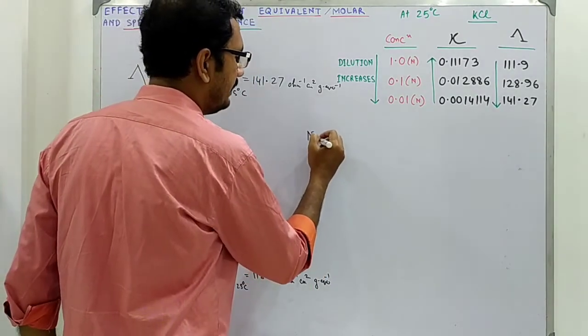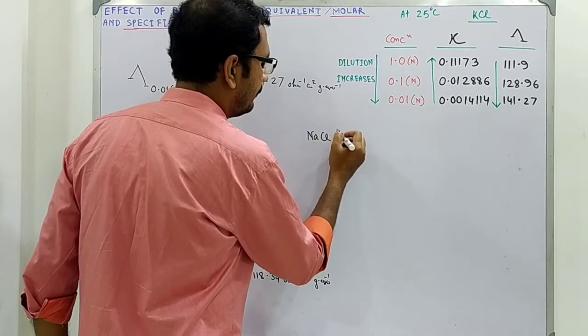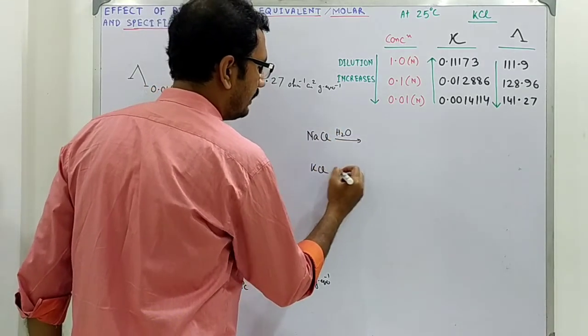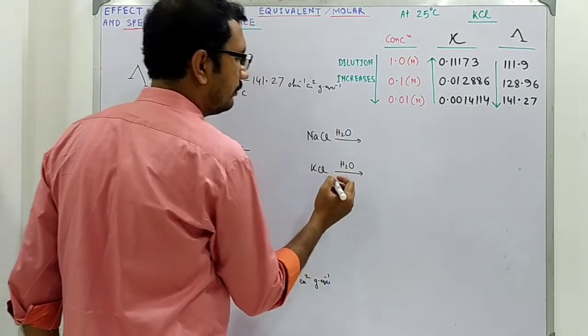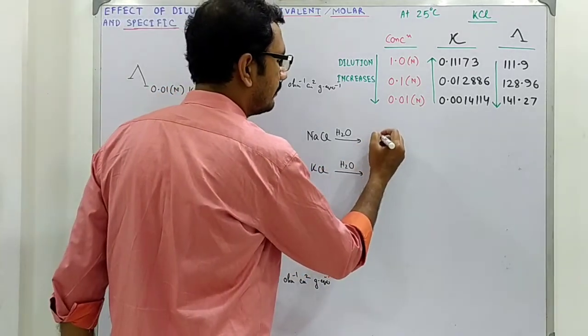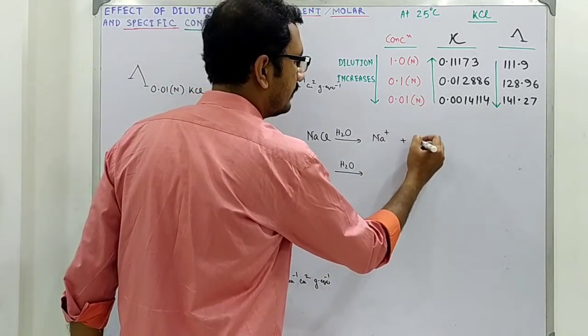When you take NaCl in water and KCl in water, they both undergo 100% dissociation. These are strong electrolytes.